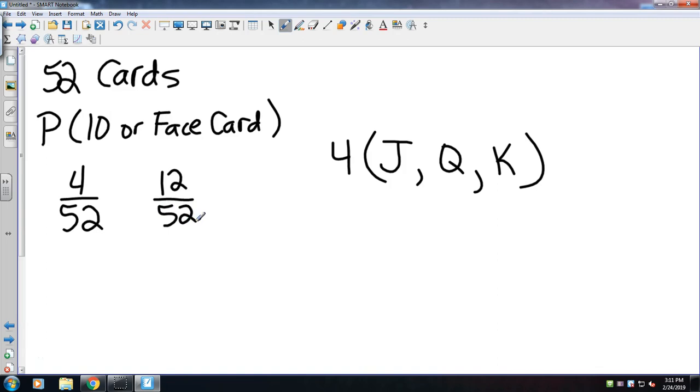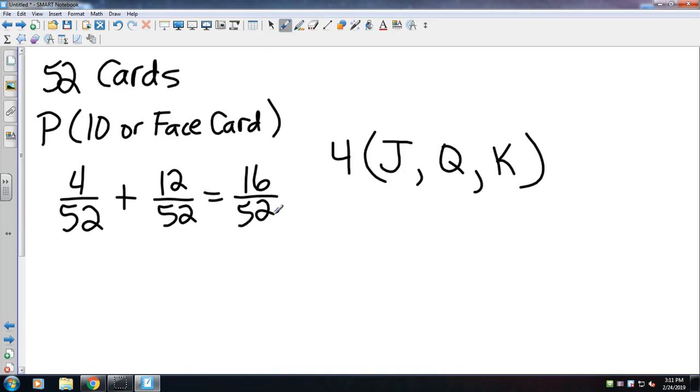And so since we're using or because they overlap, instead of last week where we multiplied, this week we're going to add those events together. And so that's going to give me 16 out of 52. Now, some of you may have asked, well, why didn't you reduce that before you added them together? Well, they already have a common denominator.